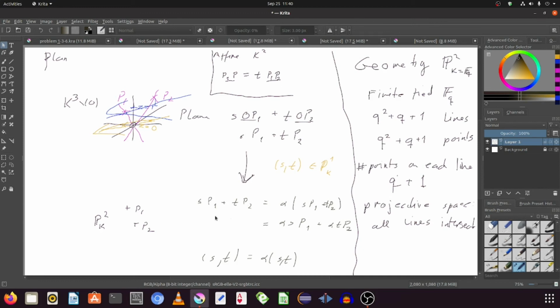So it will actually take P1 and P2 being non-proportional to prove this.